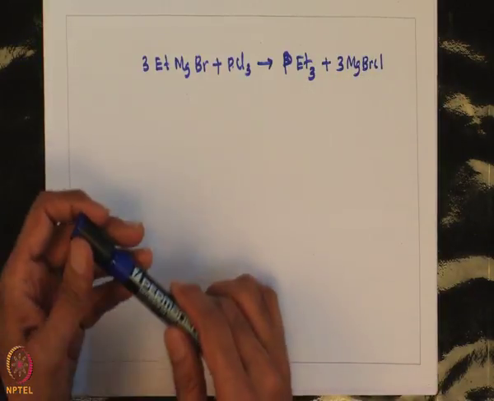So, one can use a variety of reagents of magnesium with general formula RMgX extensively in organic chemistry or with p block elements to make element to carbon bonds.